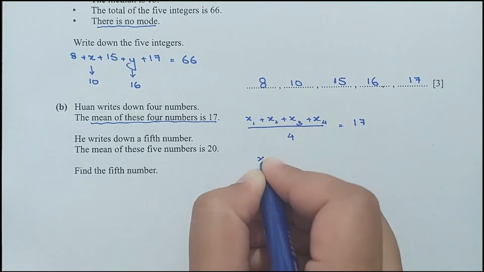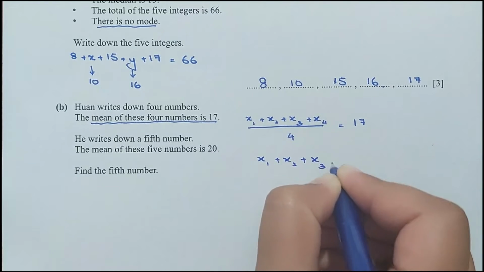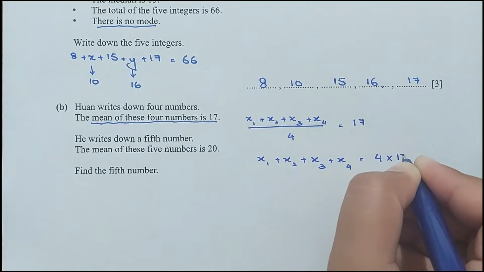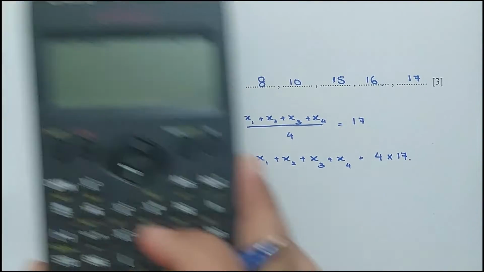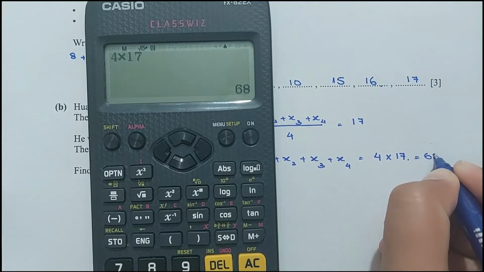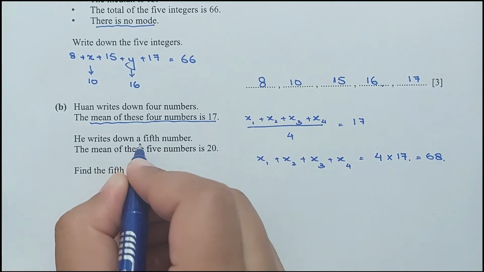Or we can say the sum of x1, x2, x3 and x4 is equal to 4 times 17. What is 4 times 17? That is 68. Okay, now he writes down a fifth number.